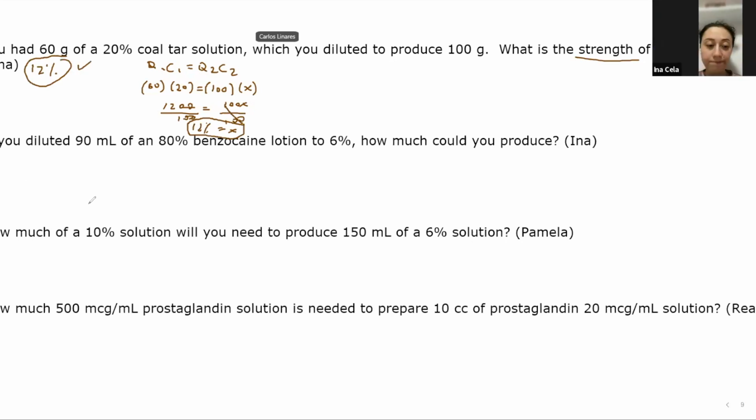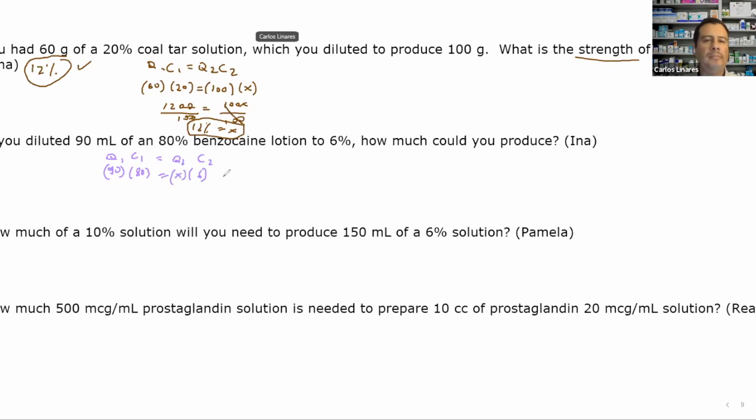So Q1 is 90 mLs, C1 is 80%, and C2 is 6%. So Q2 is X. It says how much could you produce? Your product is going to be what you produce.